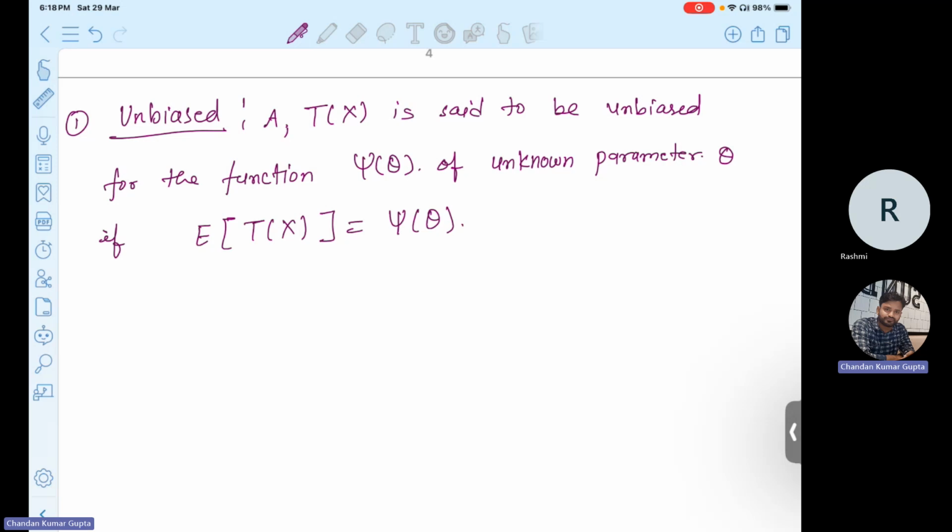Okay, so that means when we take samples, the expected value of those estimators over repeated sampling equals the parameter. For example, the expected value of the sample mean is nothing but the population mean. We collect one sample and take the sample mean, then collect another sample and again calculate the sample mean, and this process is repeated.